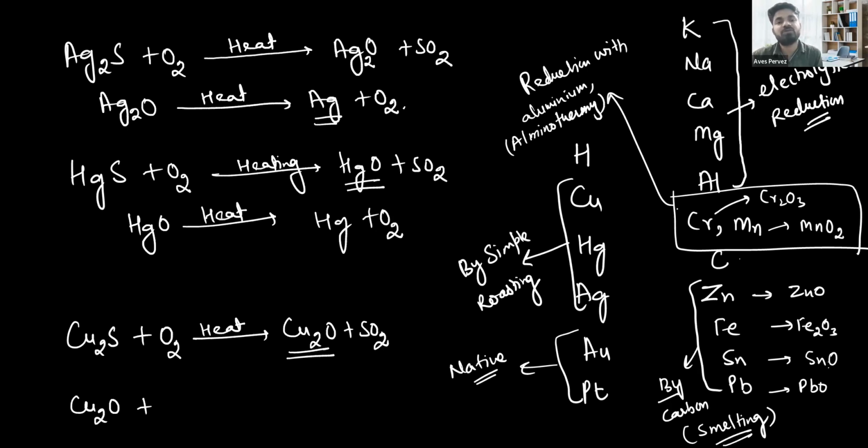Let me explain here, dear students, that if you heat copper oxide Cu2O alone, it will not give you Cu. For example, previously you had HgO and Ag2O. If you go to the market and bring silver oxide or mercury oxide and heat it, look at this everybody, if you heat it, it will get converted.